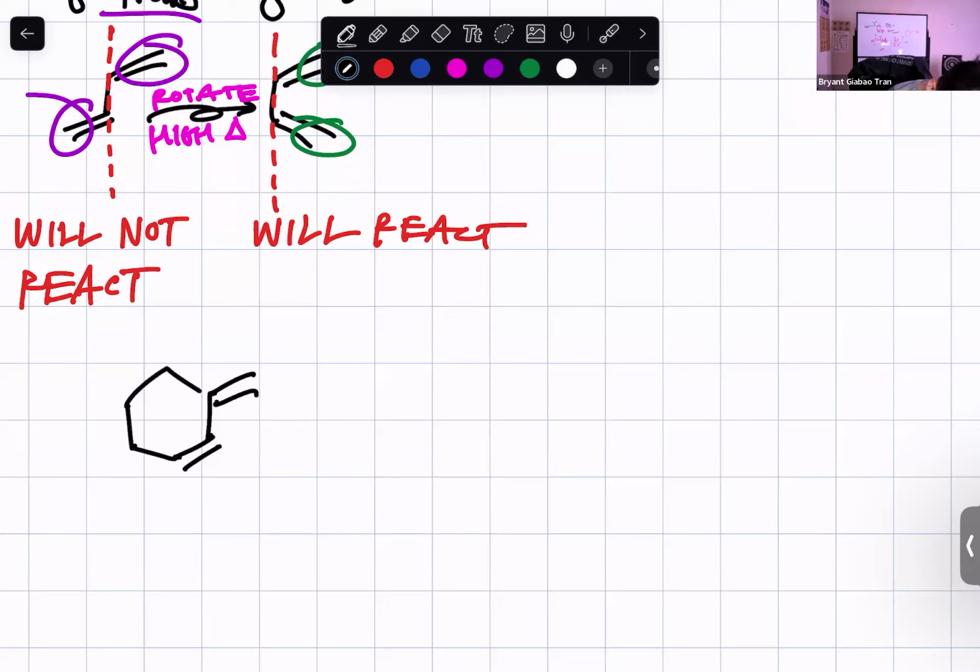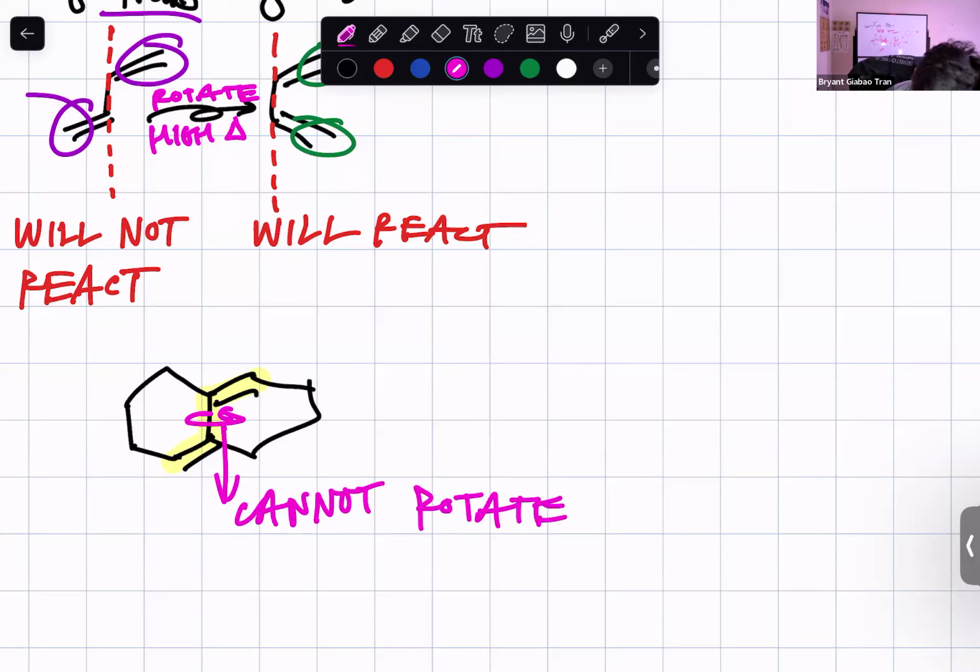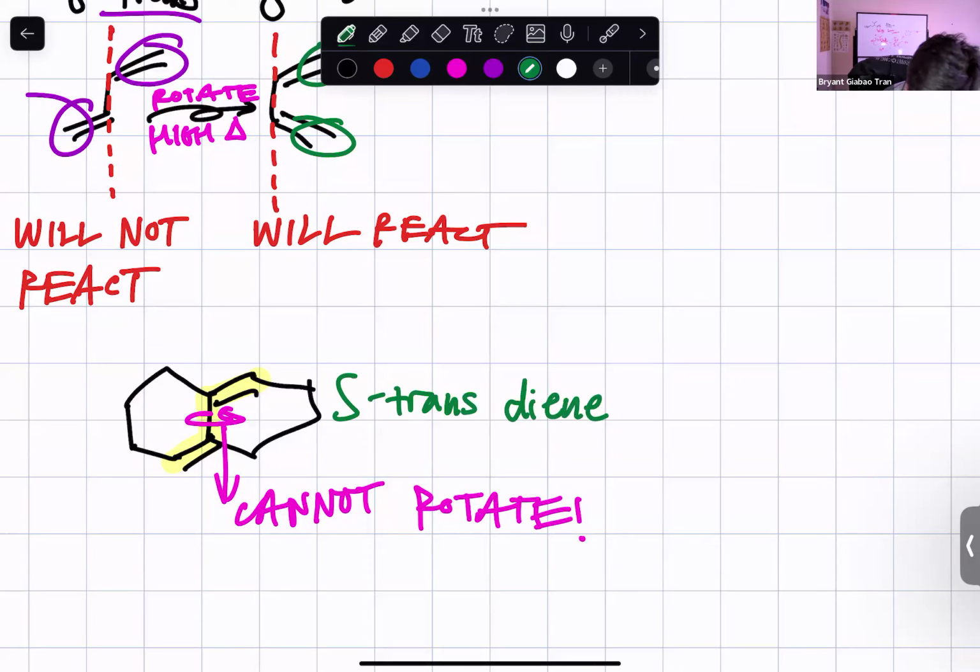Yeah. So let's say we have this S-trans diene system right there. This is locked. We cannot rotate this sigma bond because it's in a ring. So this S-trans diene will not do a Diels-Alder reaction.